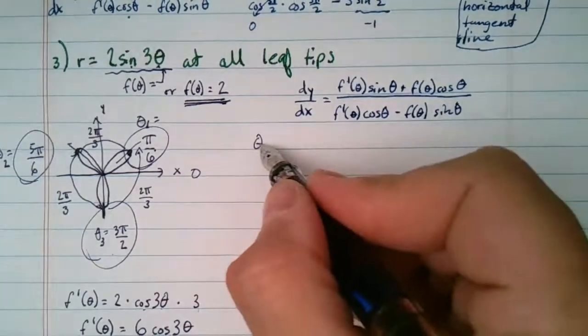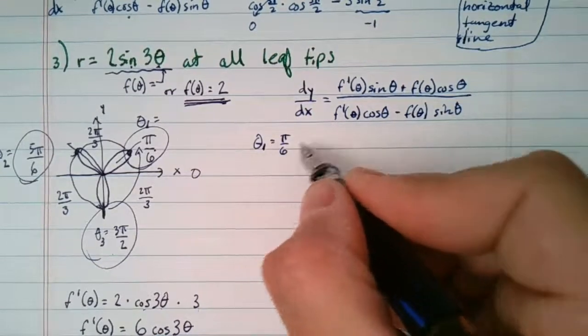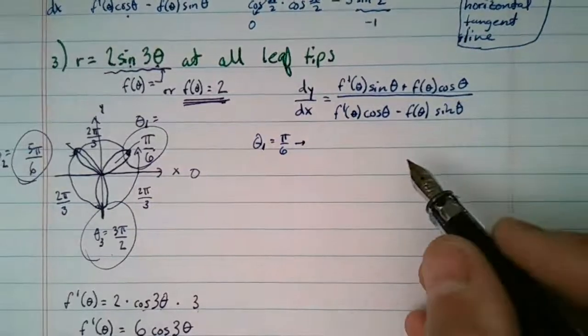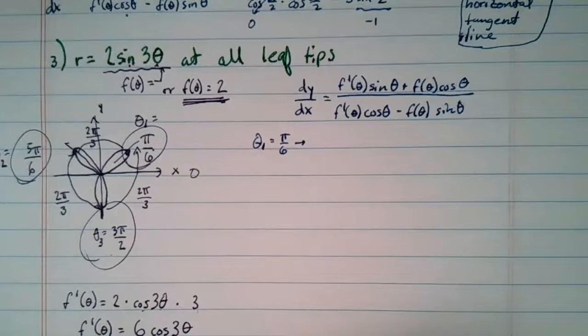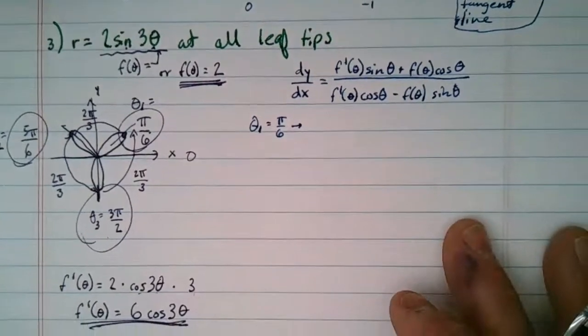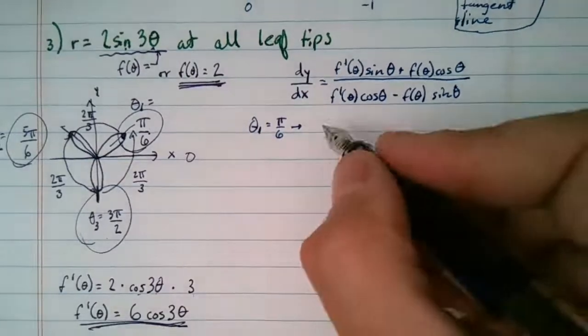Now for theta 1, which was equal to pi by 6, here's what we get. We take f prime of theta, which is going to be this equation here. So f prime of theta will be 6 cosine 3 theta.